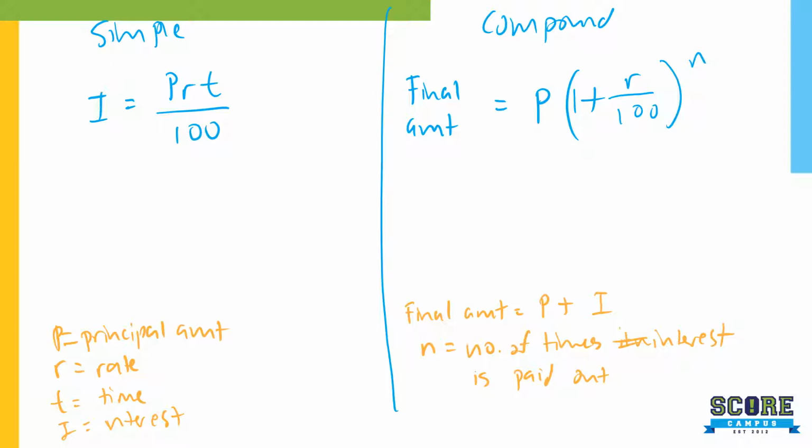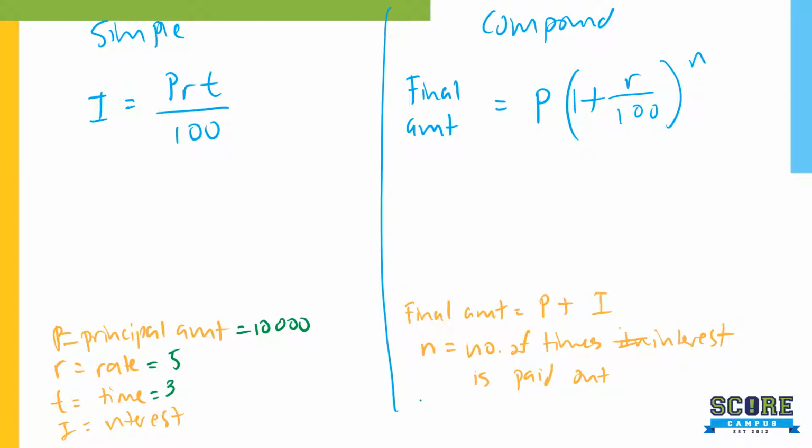Now let's compare the interest for two scenarios. You have P equals 10,000, R equals 5%, time: the interest is given per annum, that means per year, and you put your money in for a period of 3 years.